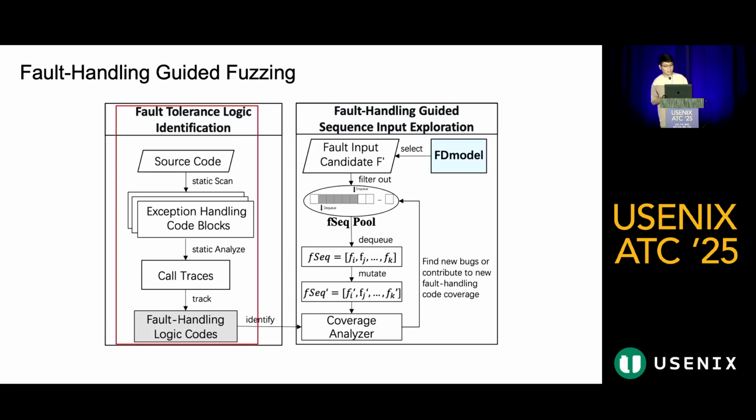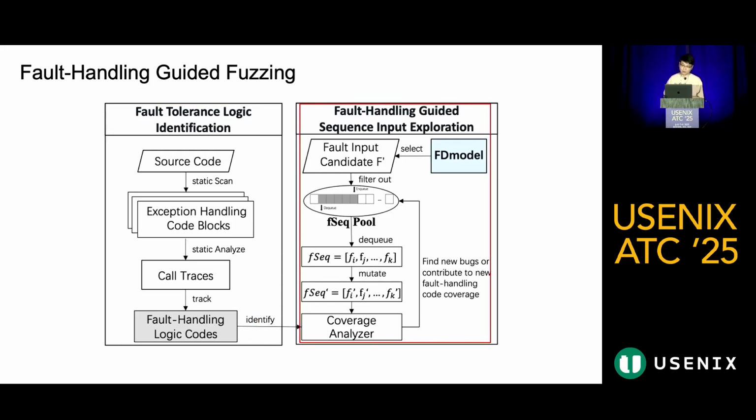Considering that in most distributed systems, their fault tolerance mechanisms typically involve the capture and handling of all kinds of exceptions, the first step is to statically scan the source code of the system under test to identify all exception handling code blocks.